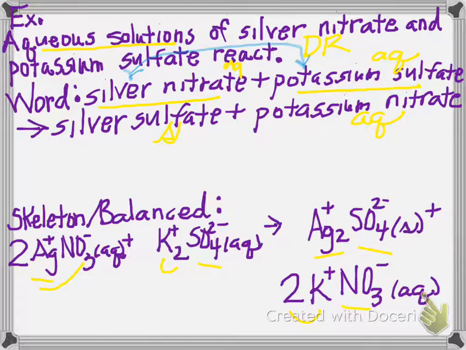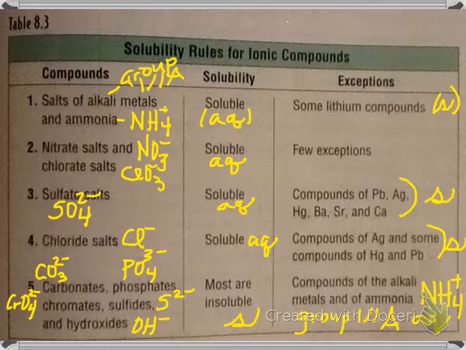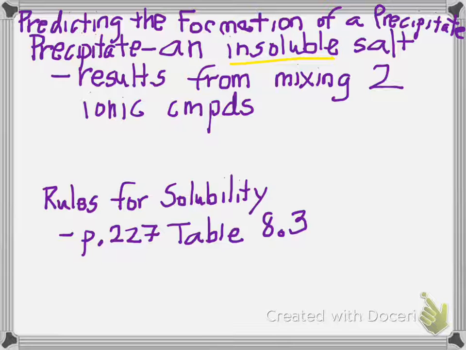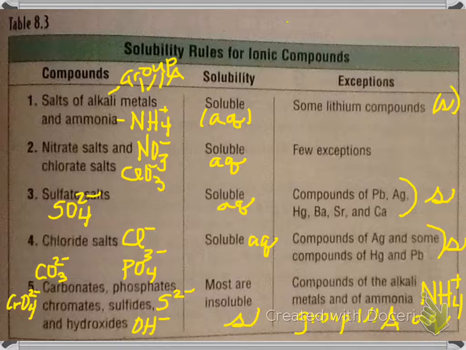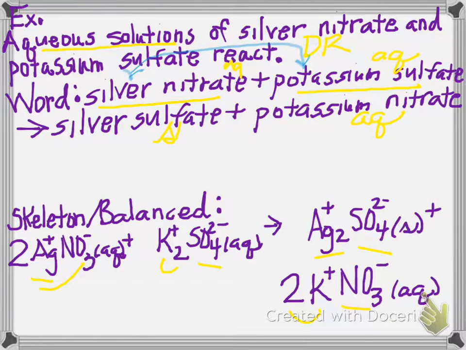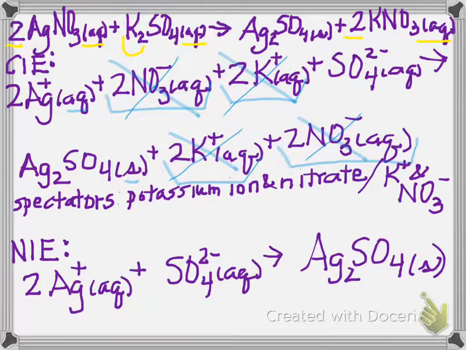So remember our second rule about net ionic equations was that they had to have an overall charge that must balance. So let's take a look at this one and make sure that that is true. Again here I have 2 positive ones, that's a positive 2 charge. I have a coefficient of nothing, so that's a 1, negative 2, so that's a minus 2.